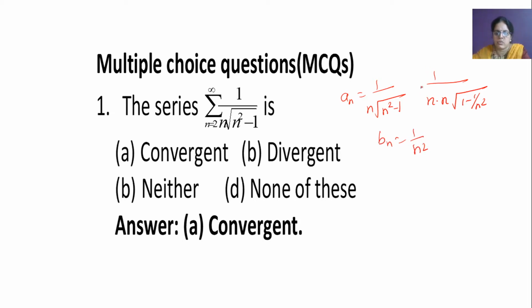Find the ratio an by bn. As limit n tends to infinity, you will get it as 1, and that is a finite limit, so it is convergent because sigma bn converges, sigma an also converges.